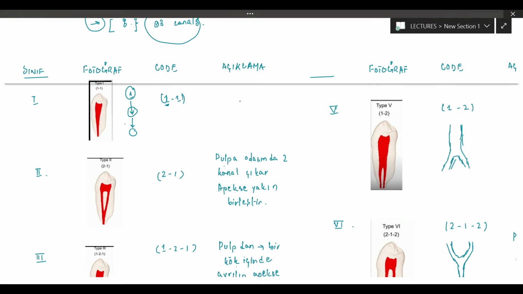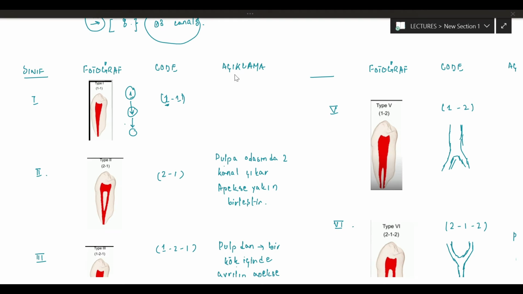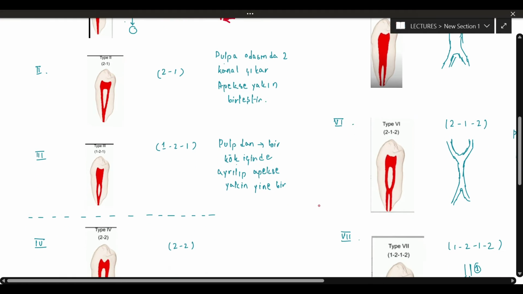If I am to draw how this will proceed, it will be like this. So this is our pulpal chamber. One canal leaves that pulpal chamber and continues to the apical foramen and exits as a single canal. This is class 1 classification.